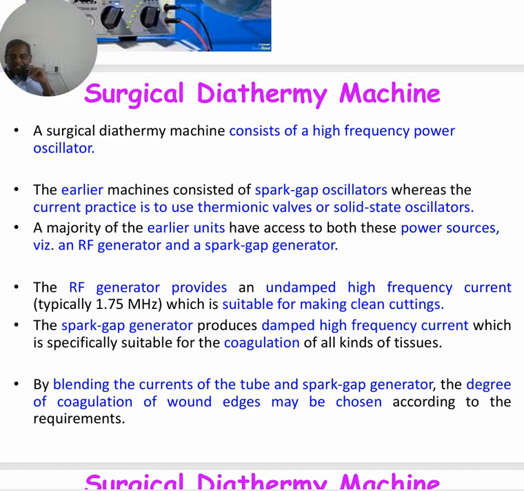The spark gap generator produces a damped high frequency current, which is specifically suitable for coagulation of all kinds of tissues. We have many operations: cutting, coagulation, fulguration, desiccation, and hemostasis mode. For each operation, we use different kinds of current pattern with different frequencies.